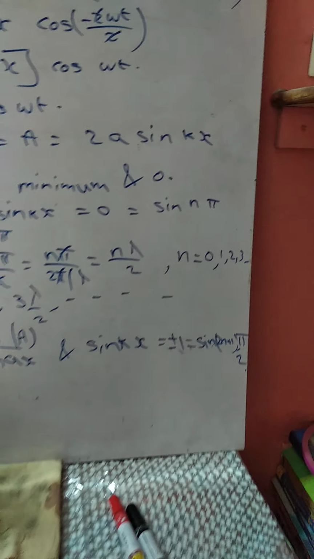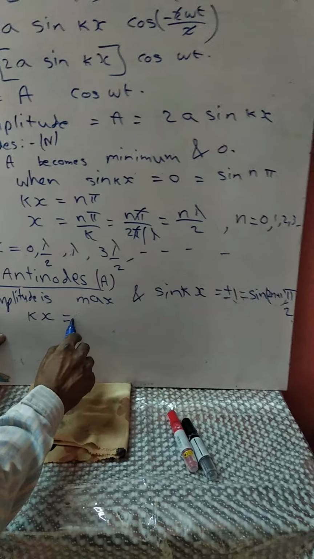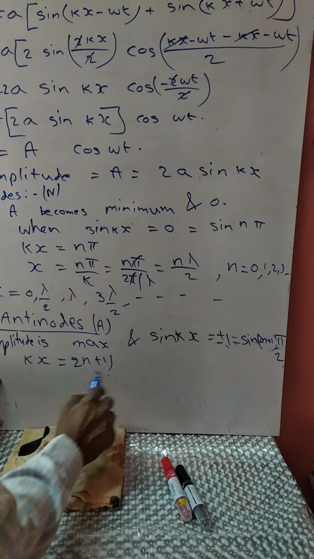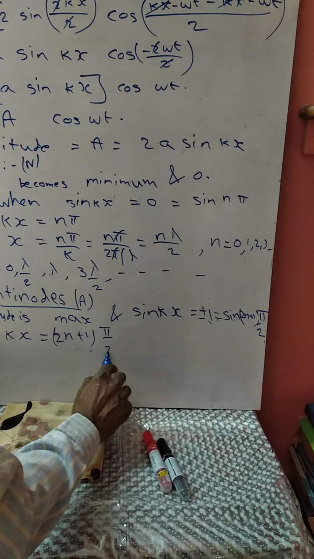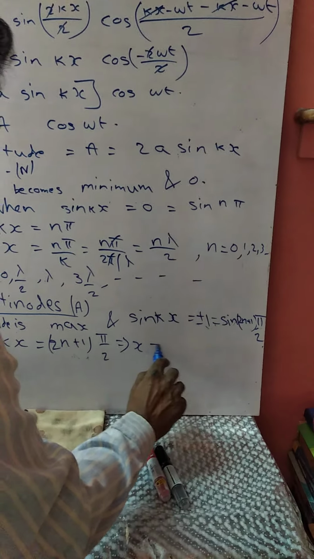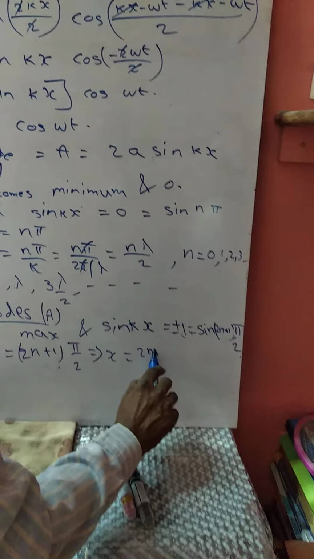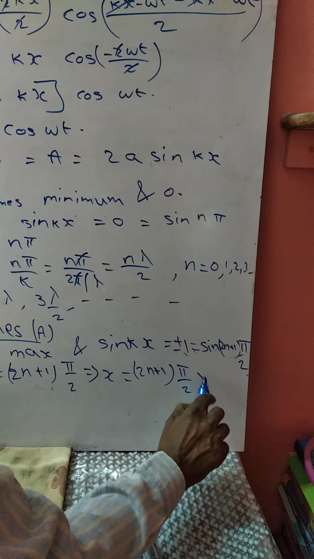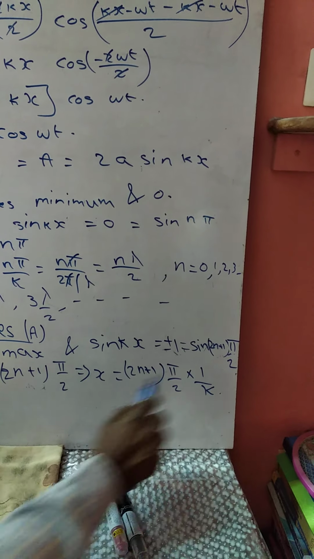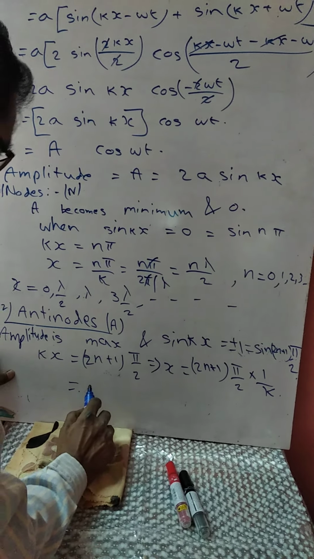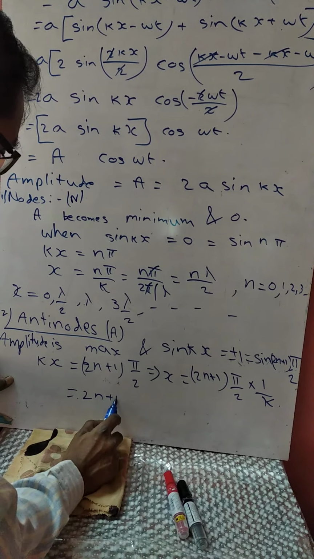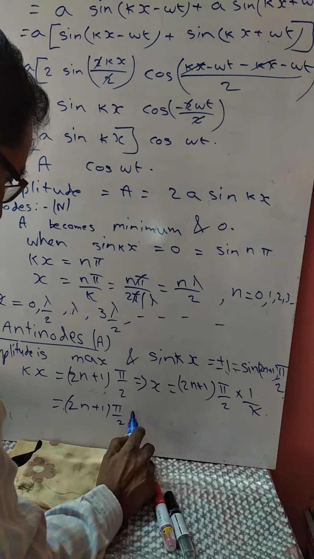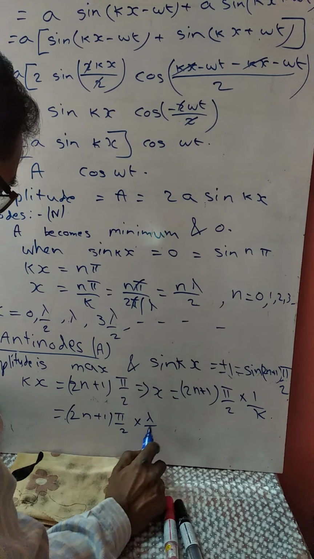So from this equation you can say kx equals 2n plus 1 into pi by 2, which implies x equals 2n plus 1 into pi by 2, whole divided by k. But already k is 2 pi by lambda, so 1 by k is lambda by 2 pi.